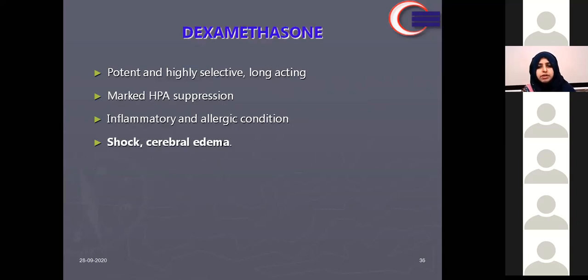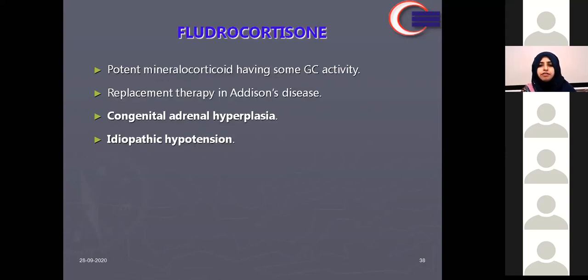Okay, then we have dexamethasone. Dexamethasone is a potent, highly selective, long-acting drug. It can cause marked HPA suppression. And what happens when there is marked HPA suppression? Can anybody tell me this? Okay. It can be helpful in treating allergic reactions, shock, and cerebral edema. Then we have hydrocortisone.